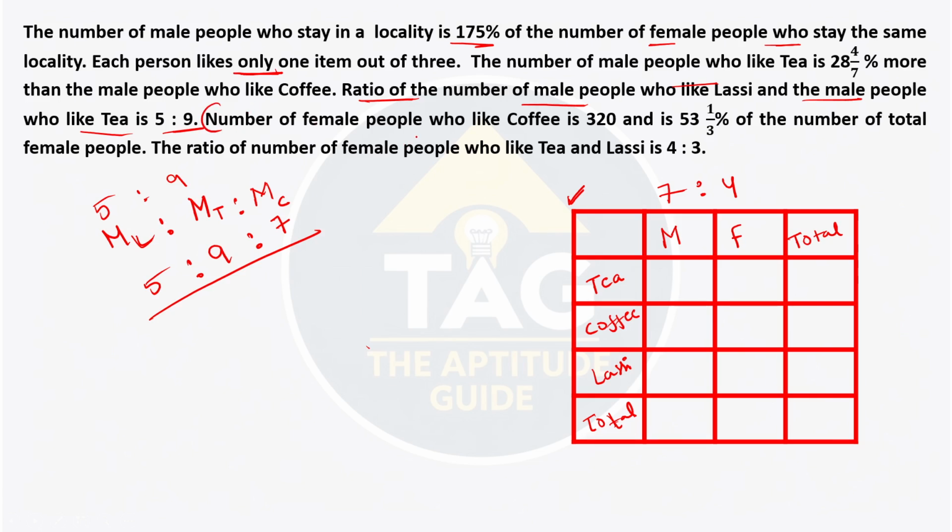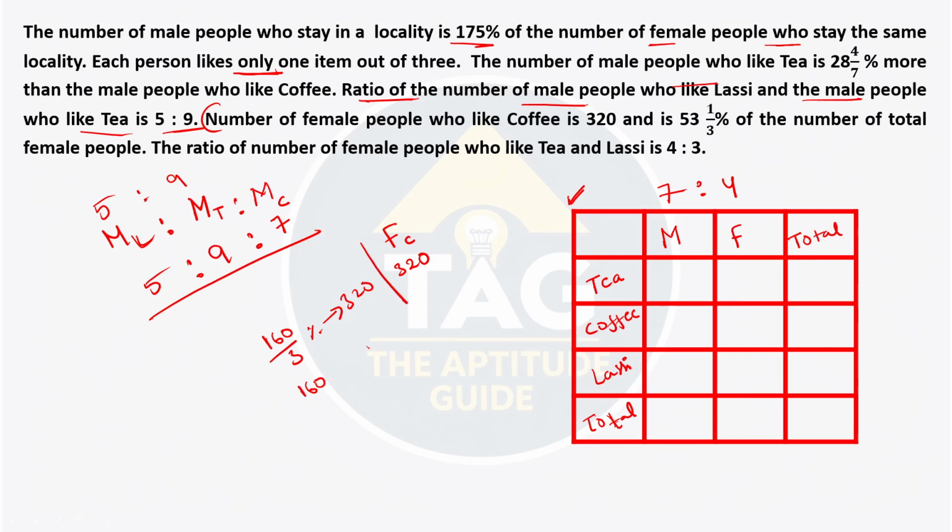Number of female people who like coffee is 320. Female coffee is 320, and it is 53 1 by 3 percentage of number of total female people. 53 1 by 3 is a mixed fraction. If you convert this mixed fraction into a fraction, that's 160 by 3. So 160 by 3 percentage is 320.